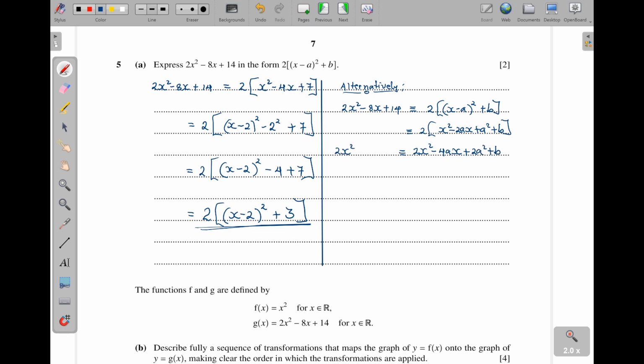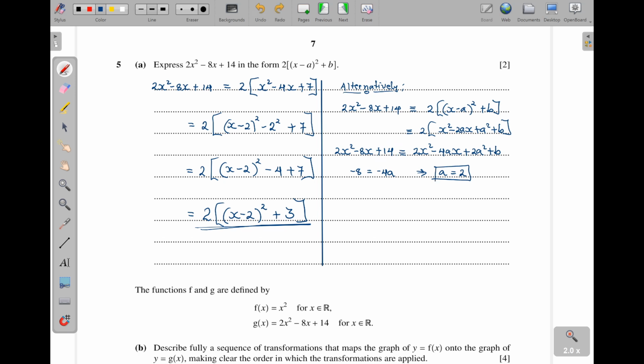Now, we are going to equate the coefficients of these terms. This is a 2, this is a 2, okay? Now here, negative 8, then negative 4a. So we shall say negative 8 is equal to negative 4a. That implies that a is equal to 2 when you divide all through by negative 4.